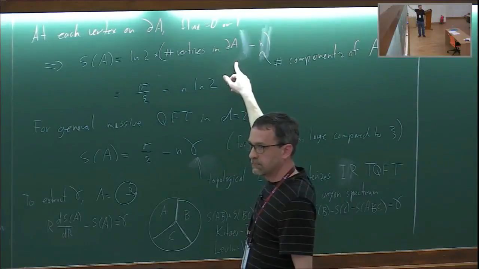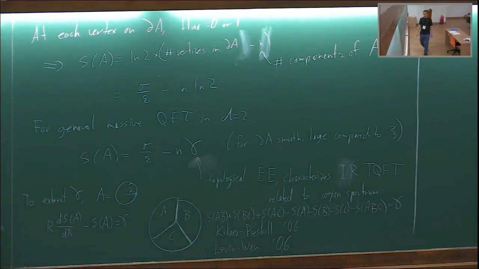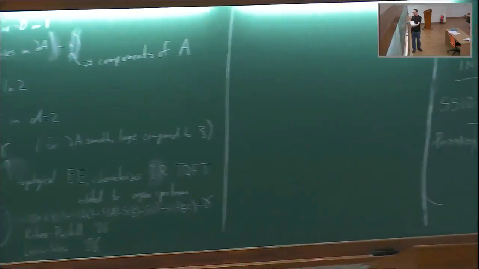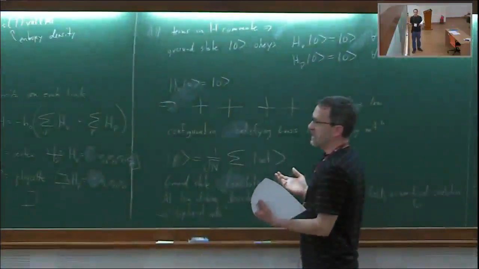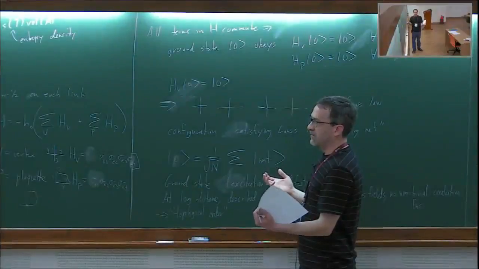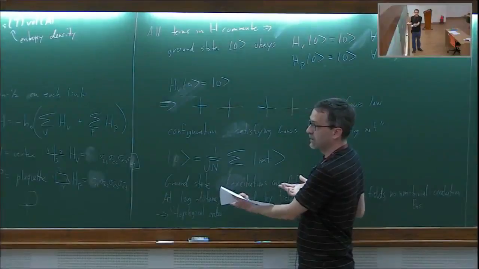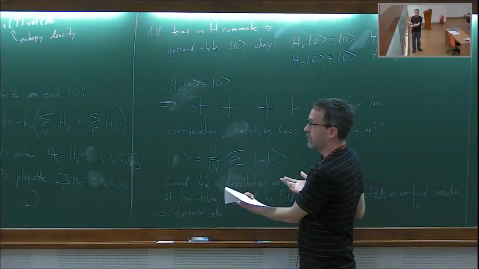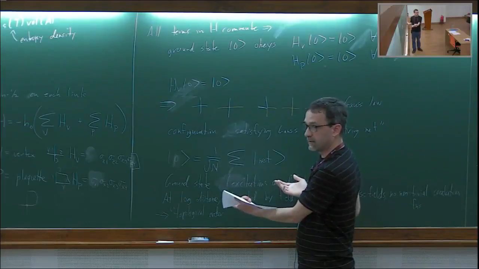This one? Well, I didn't go through the algebra, but heuristically, the entanglement occurs when there's some correlation in this state between the inside and the outside. The only correlations in this state occur because of the Gauss law constraint at the vertices that lie on the entangling surface.